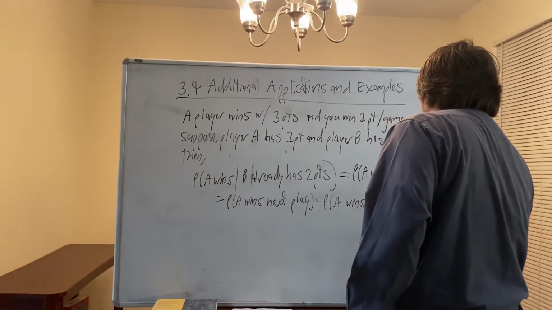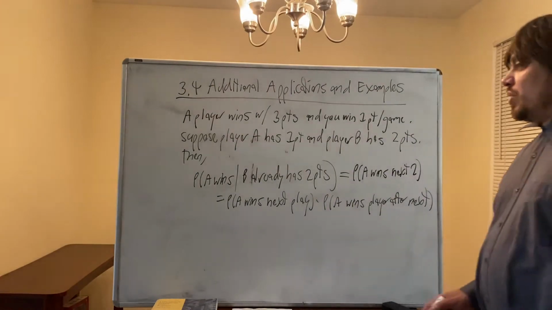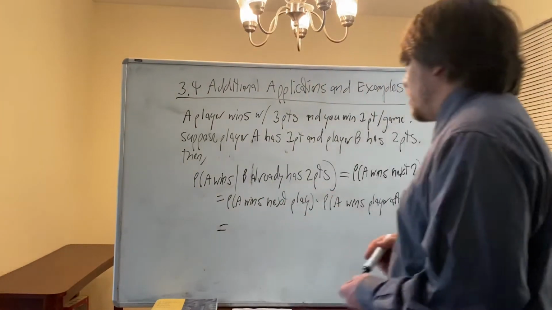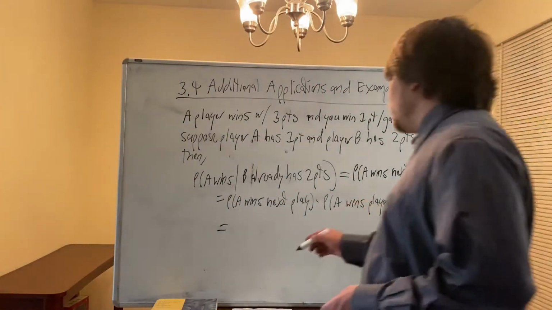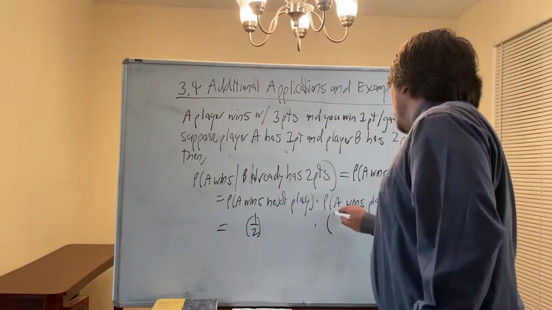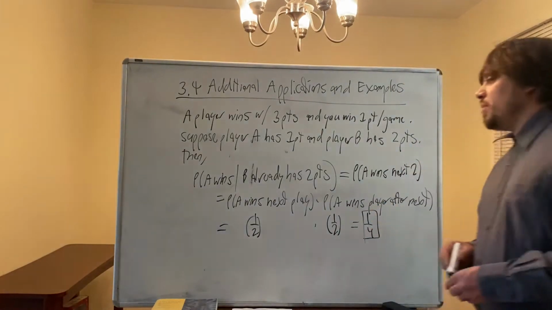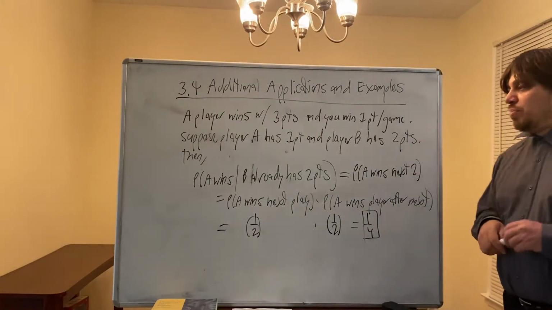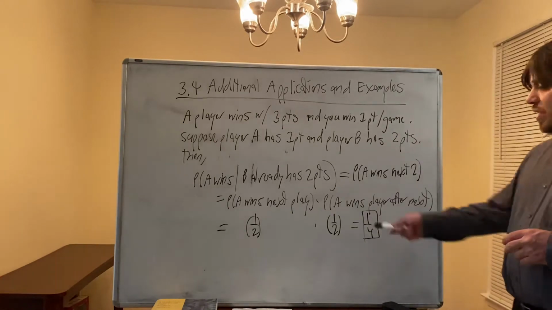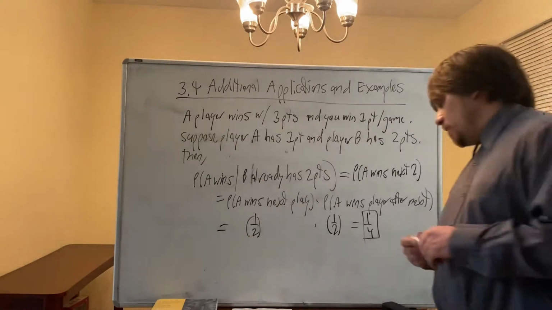There's a 50-50 chance of each winning, so the probability that A wins the next play is 1/2 times the probability that A wins the one after that. 1/2 times 1/2 is 1/4. So the probability that A wins, given B already has 2 points and A has 1 point, is 1/4.